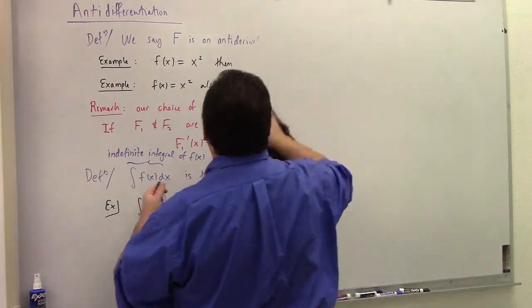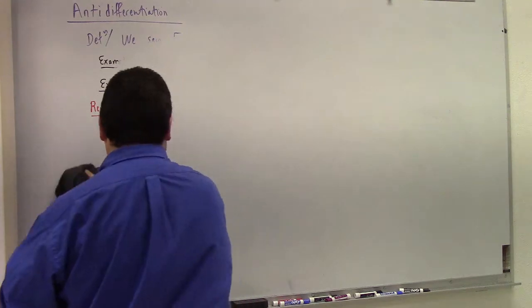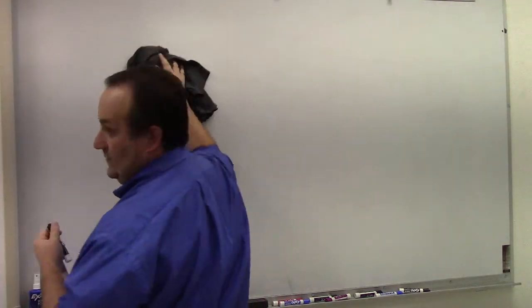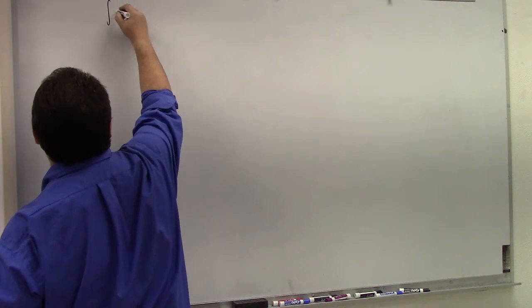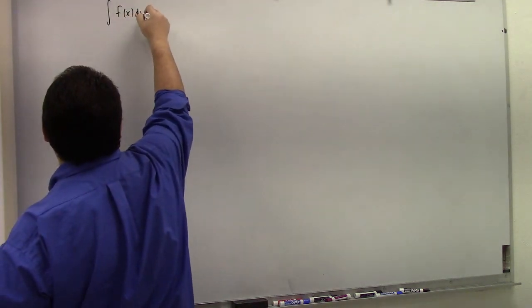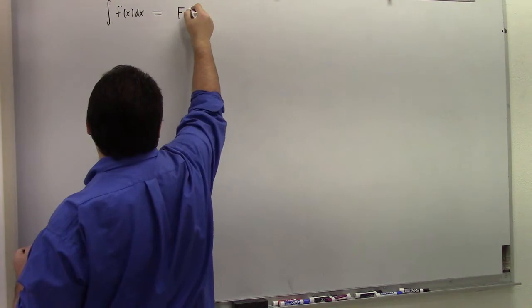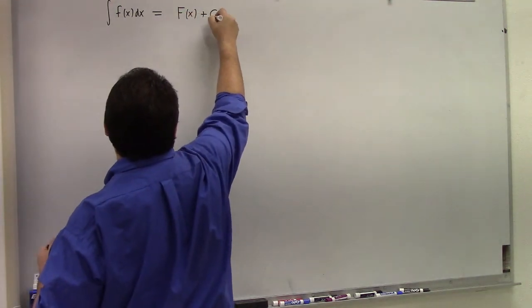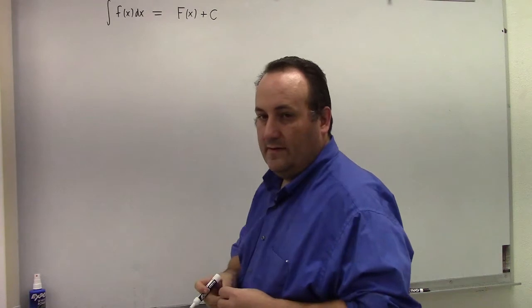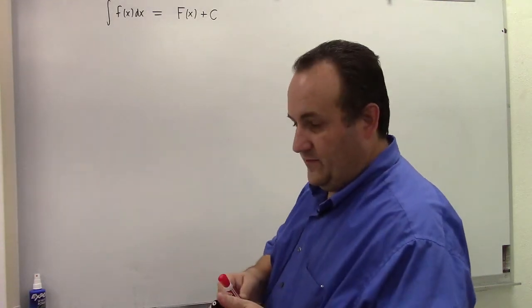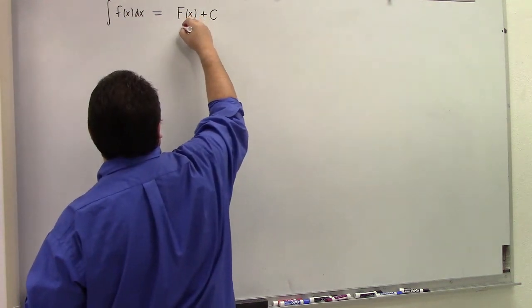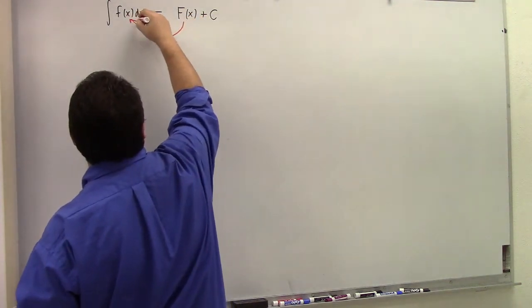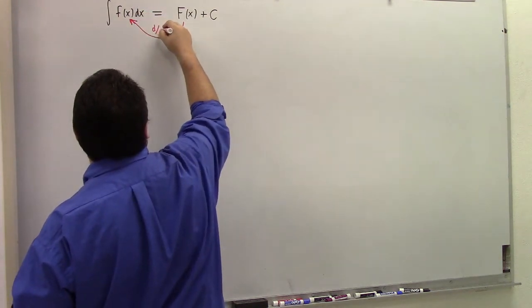Let me draw a picture of the mechanics of what we're doing, all right? So here's what's going on. We are integrating f of x dx, and we're saying it's equal to big F of x plus some constant, all right? If this is correct, then it has to be the case that we can take this and go back to here by taking the derivative.